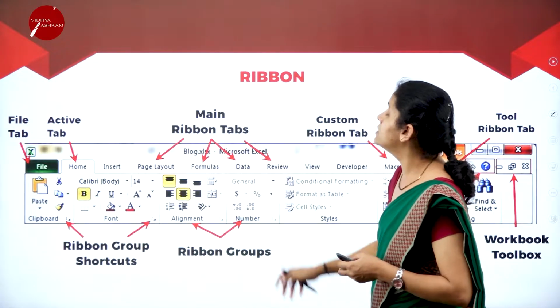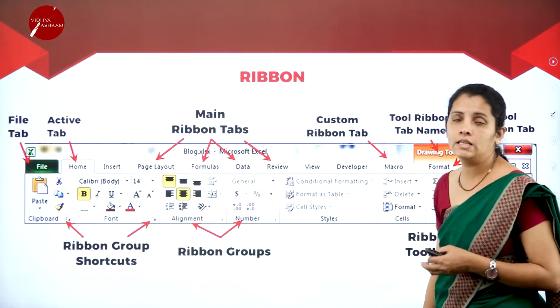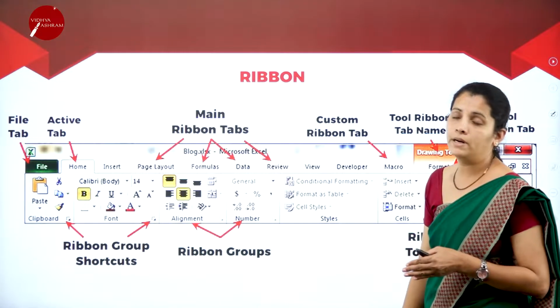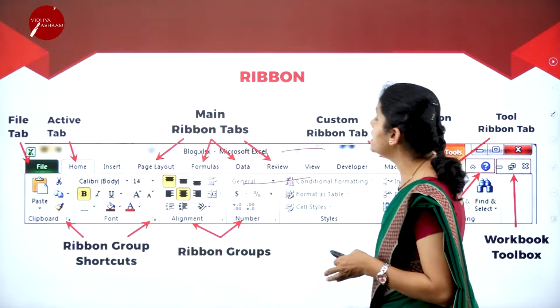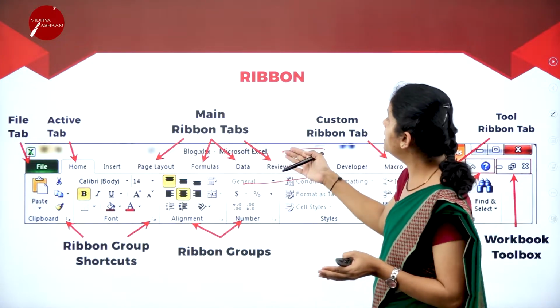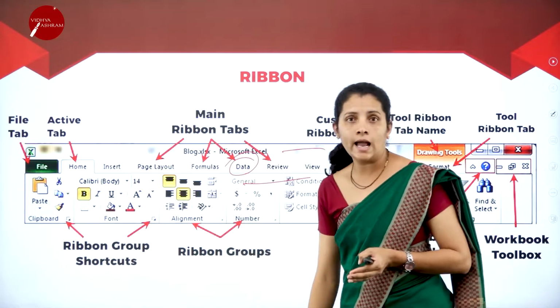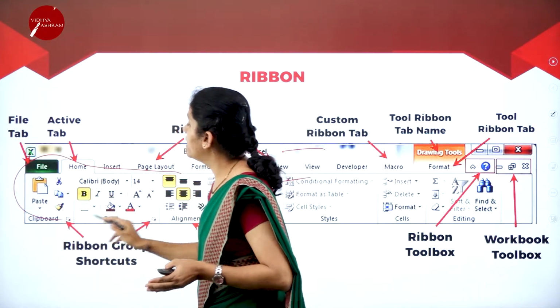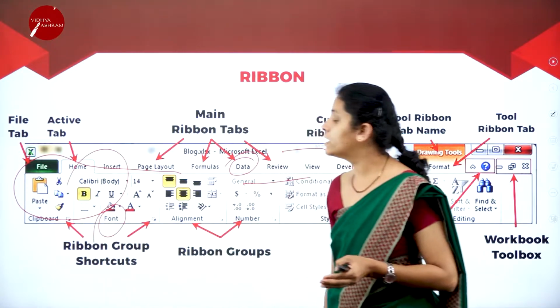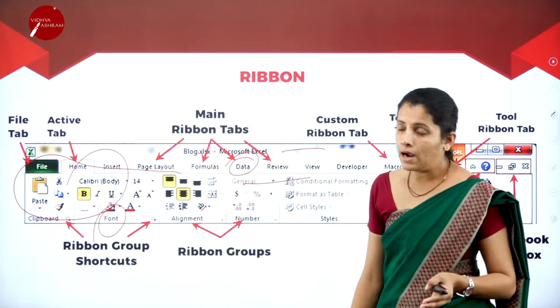Moving further, this is the example used to illustrate the ribbon. So here, as I told, I'm going to have three components. At the beginning, I'm going to have the tab. Below that, I'm going to have the group. Then I'm going to have the related commands.